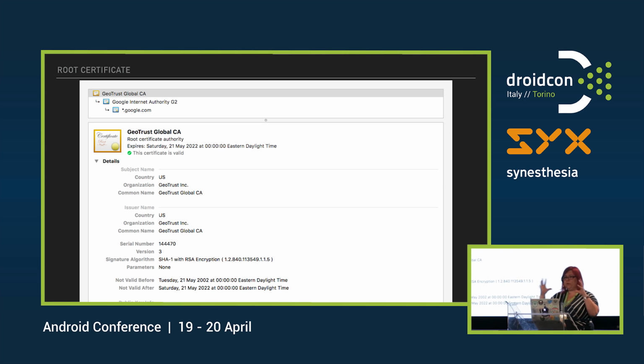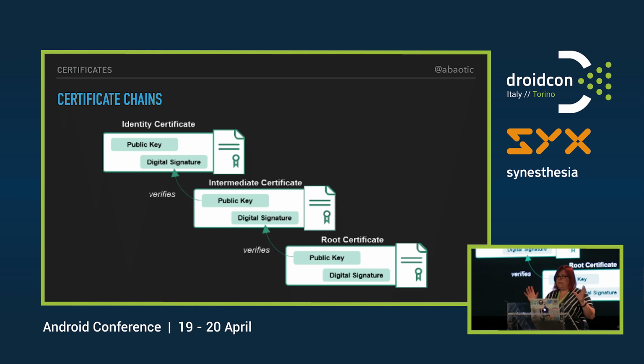So for communication to be valid, the whole chain needs to be valid and be able to check it. Now, just to illustrate it a little, you have the identity certificate, that's the lowest one, which is basically by Google. You have the intermediate certificate, which is something in between. And there is the root certificate that belongs to certificate authorities. We trust them, everything begins with them.